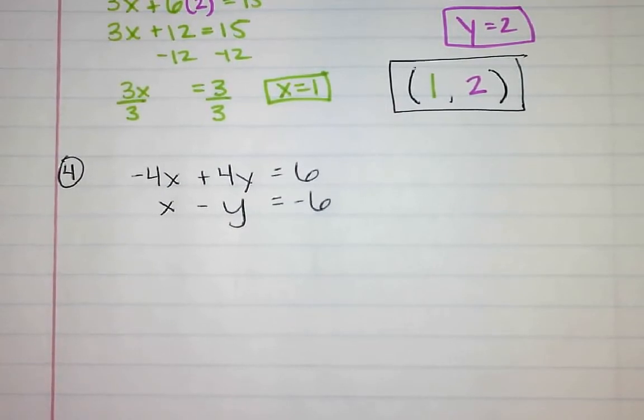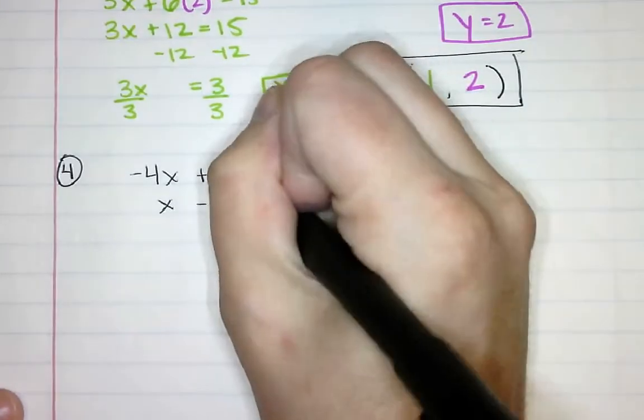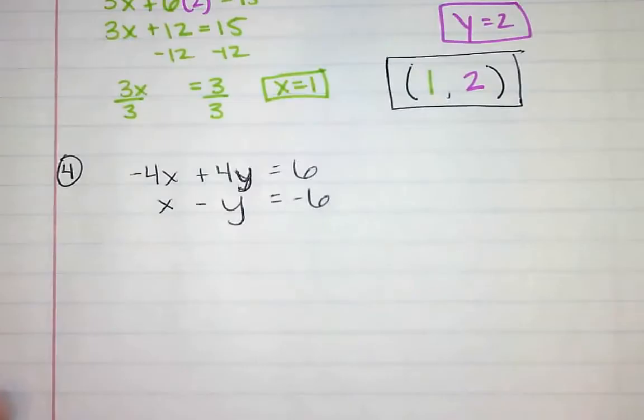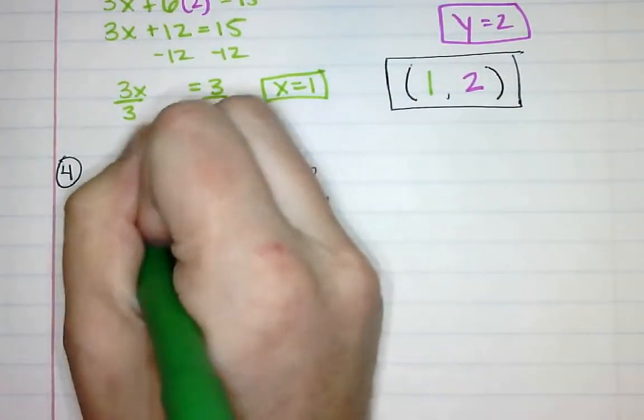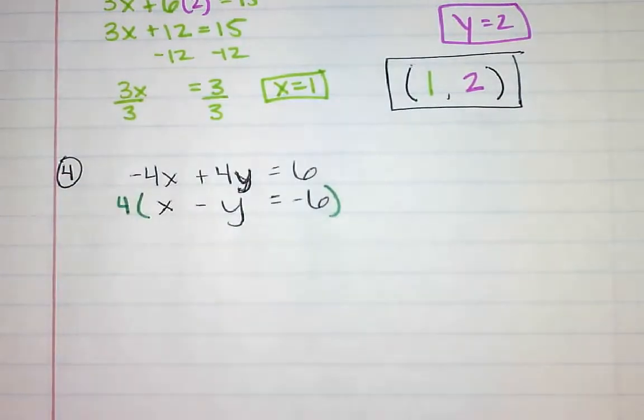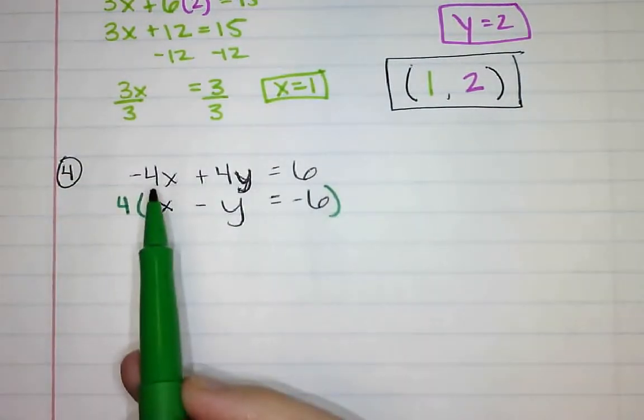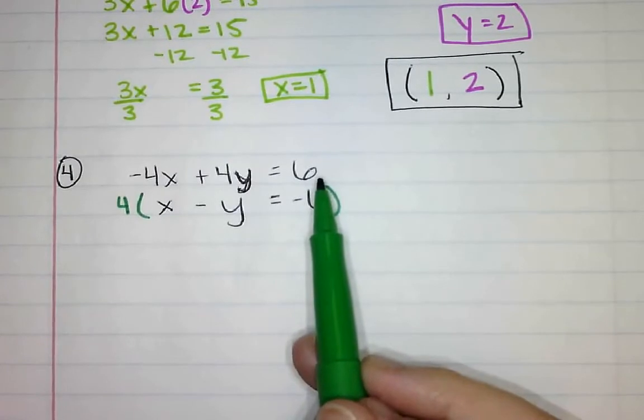Okay. What can we multiply something by to cancel? We can multiply the second one by what? 4. Could I also have multiplied the top one by 1/4? Sure, but then you would be dealing with a fraction. Do you really want to deal with a fraction or a decimal? No. So keep it with whole numbers if you can.